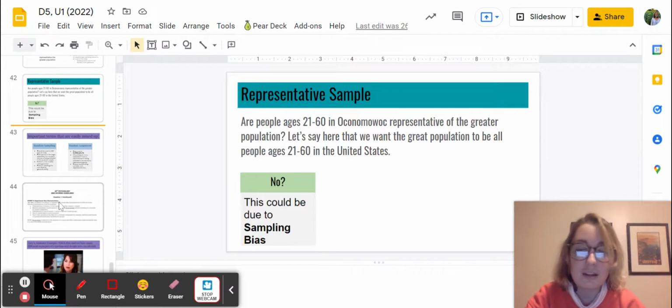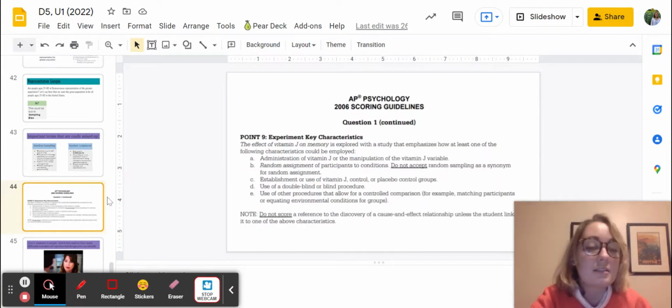This was the example I had. Here's an example of a rubric in which they're talking about you needing to say why this study is an experiment. You see that all these things score points.